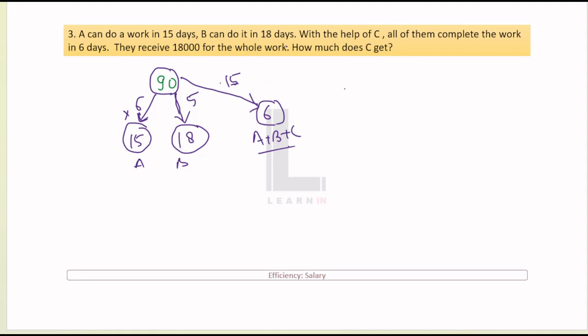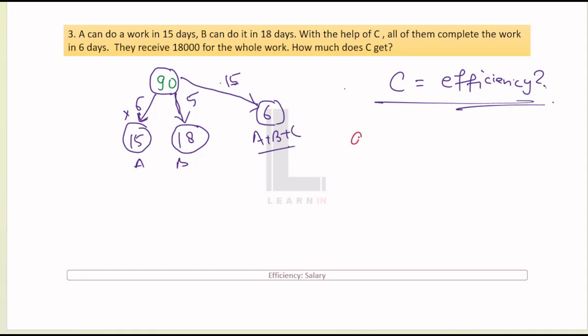Now, they receive 18,000 total. So, we have to find the amount that C gets. We have to find the efficiency of C, right? Now let us find this with the red pen. Now 18,000, right?